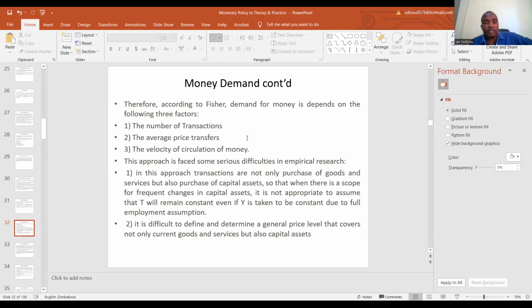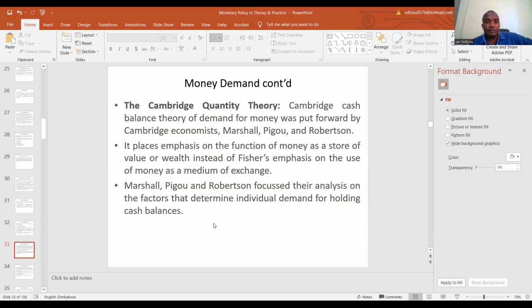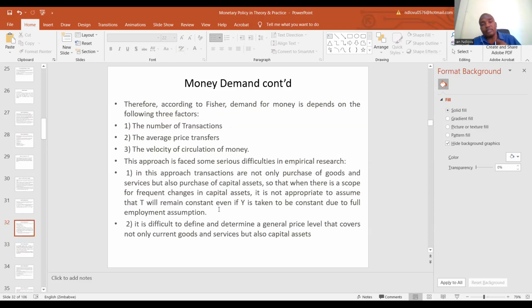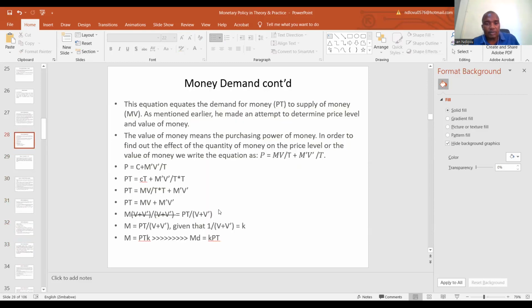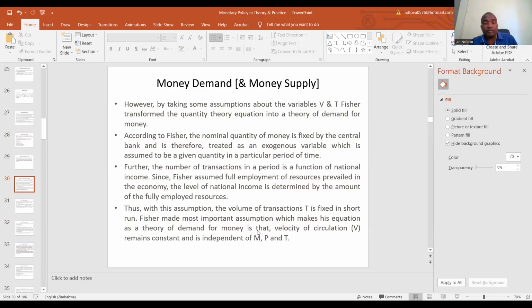So the average price transfers, which is a proxy for the general price level, is the one which will change. And that's the quantity theory of money. It culminates in a situation where money demand is just a function of the changes in the general price level.